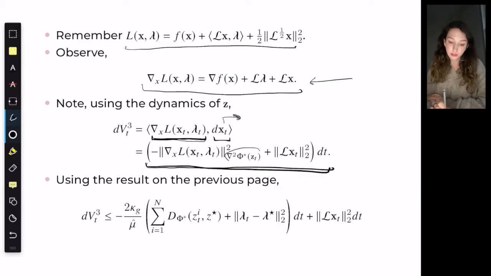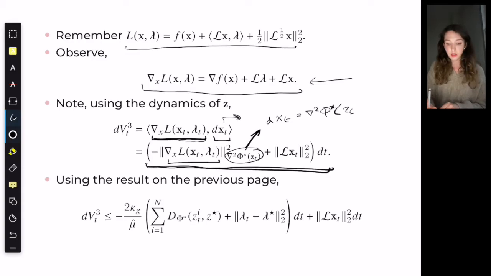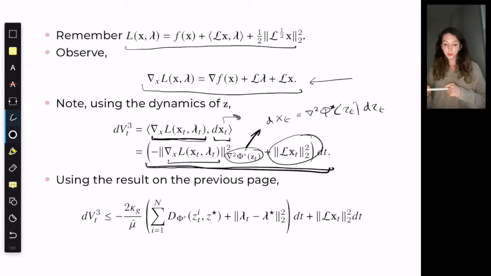So again, this norm with this convex conjugate Hessian of the gradient of the augmented Lagrangian, and the reason that there is this norm here is exactly from the dynamics of x_t, which was with this additional Hessian of the convex conjugate. So that's why we have this term there, plus some L2 norm of the interaction in x.